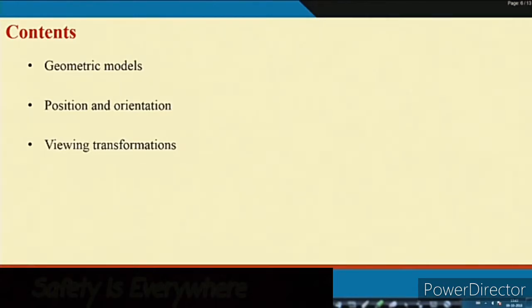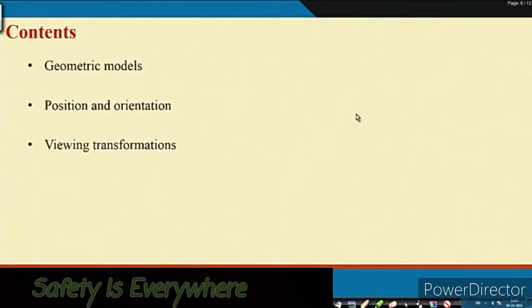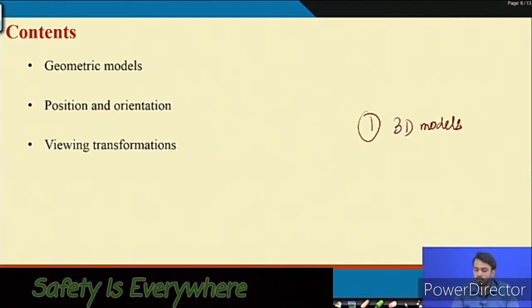So in the previous lectures, what we observed is that in the beginning you were taught about three particular subjects. First is your 3D models, which is very much essential for the development of a virtual reality environment.